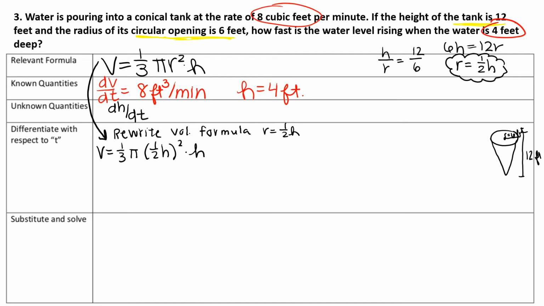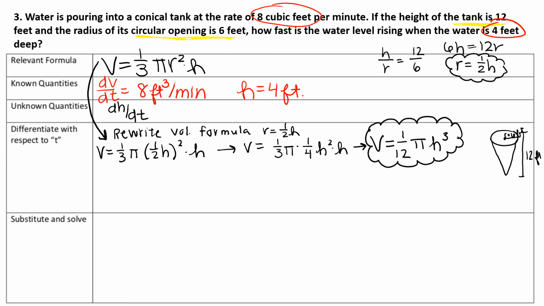Now I'm going to simplify this, so this becomes V equals 1/3 pi times 1/2 squared is 1/4 h squared times h. And then finally simplify that all into one, so I get my volume formula as V equals 1/12, multiplying the 3 times 4 together, pi times h cubed.